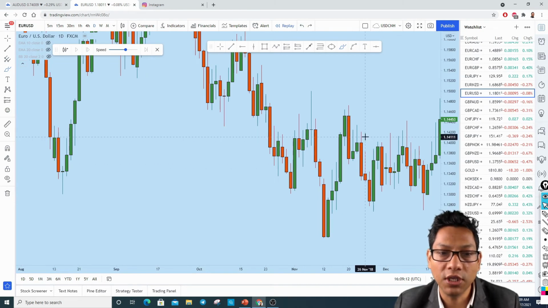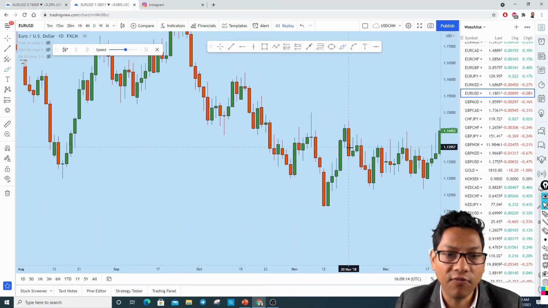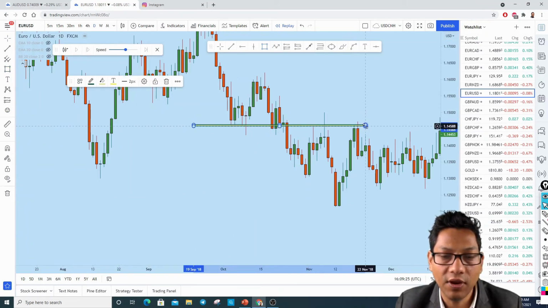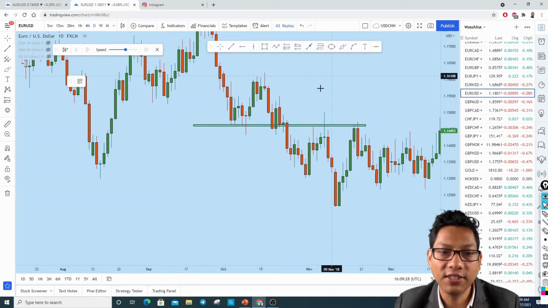Now see where this candle is formed. It's formed at a strong level of resistance. If you look long term, this is a level of resistance. Why is it resistance?